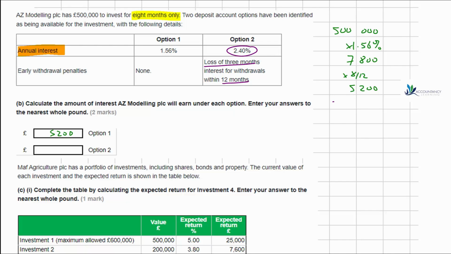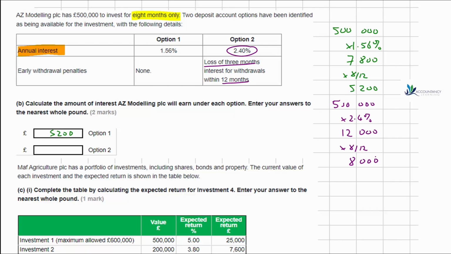So again, we're going to start off with the 500,000 that we're investing. And in this case, we are earning a larger 2.4%, which means that for the whole year, we would earn £12,000. Now remember, we're only going to be investing for 8 months, so we still need to apply the 8 months time apportioning, and that's going to bring our income down to £8,000.